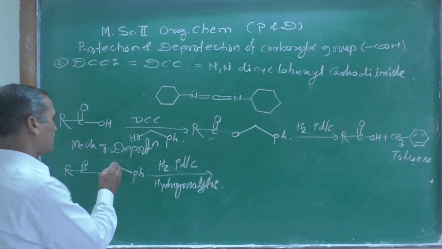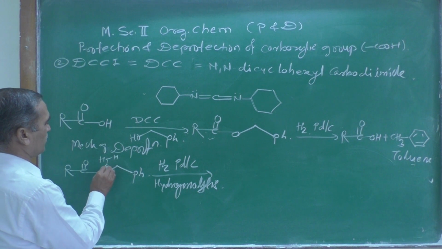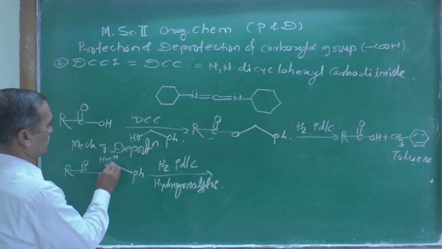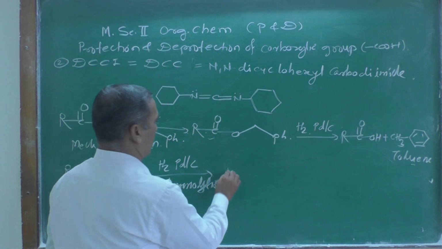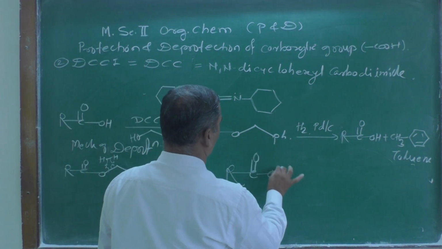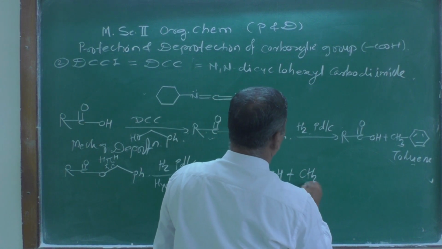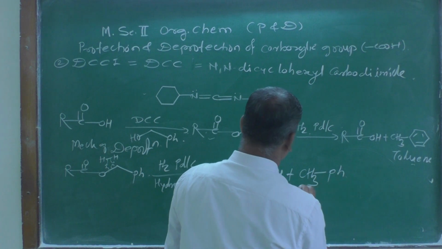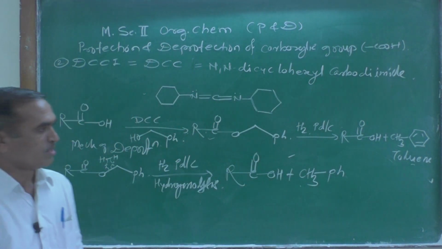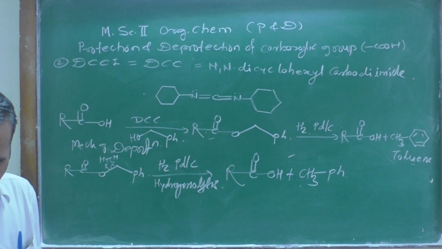we are getting here the product hydrogen and hydrogen. One goes along with that oxygen and one goes along with that methyl group, and we are getting the resulting product R C double bond O OH plus this one CH3, then Ph, that is toluene we got here. So this is the mechanism of this deprotection.